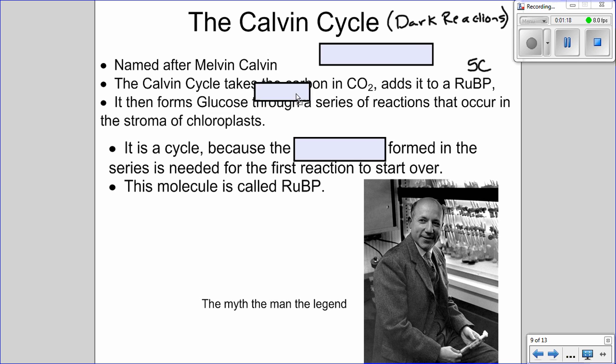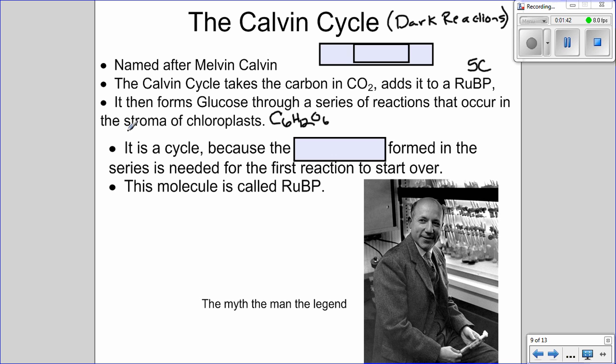And when you do that, you form glucose, which, if you guys remember, is C6H12O6. So the RUBP molecule that is starting the Kelvin cycle adds the carbon from your CO2 to create the 6 carbons that you see in your glucose.